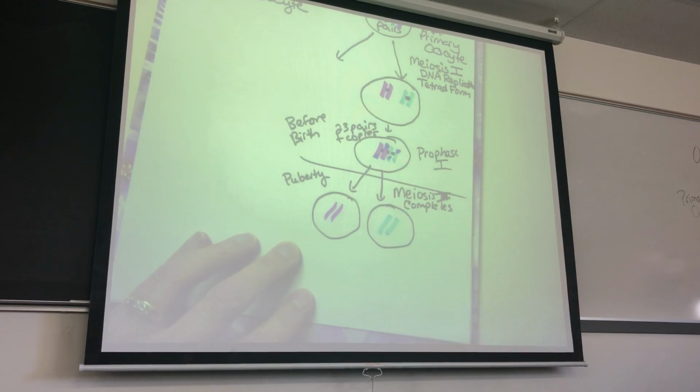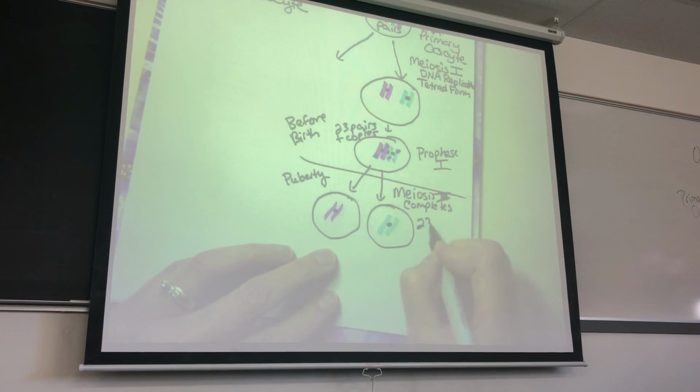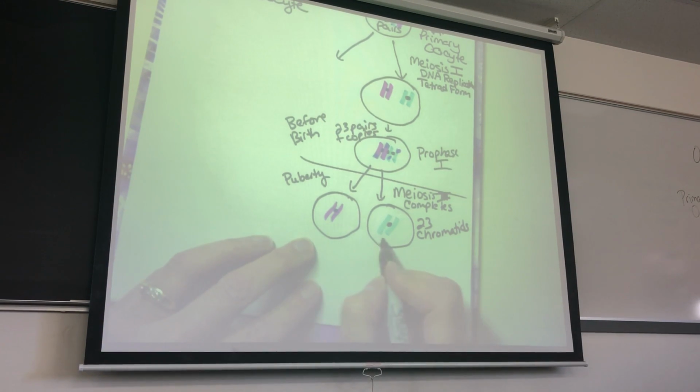We get the paternal cells over here. They're linked together. There's 23 of those, so we have 23 chromosomes. 23 chromatids is what we really have, which means we have 23 chromosomes plus their copy. This one has 23 chromatids, this one has 23 chromatids. Okay? That's meiosis 2.